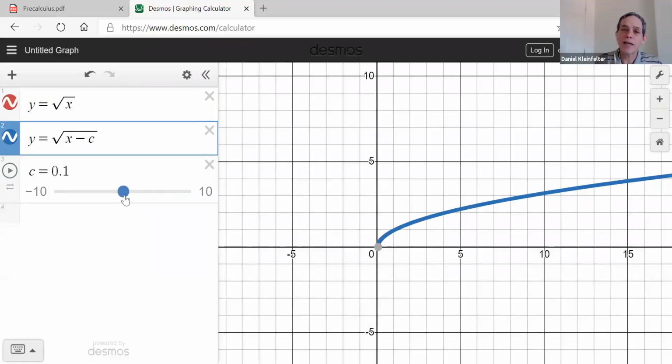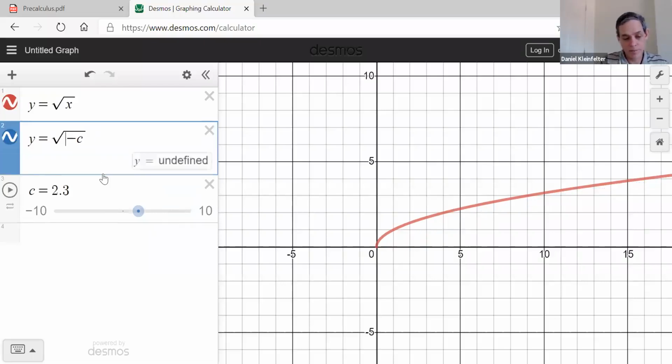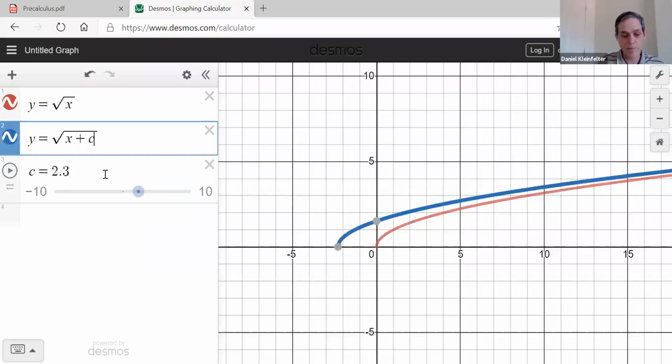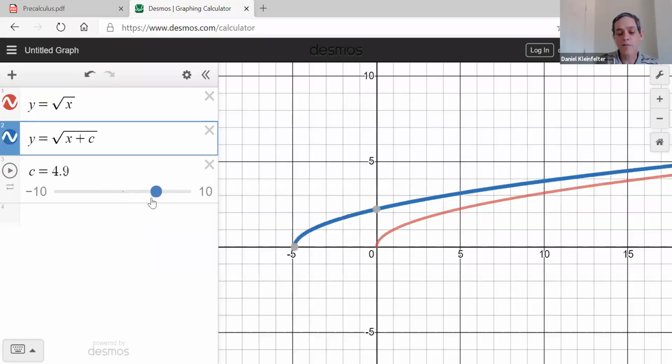If we have X minus C where C is positive, the graph is shifted to the right by C units. And then if we have X plus C, then our graph is shifted to the left by C units.